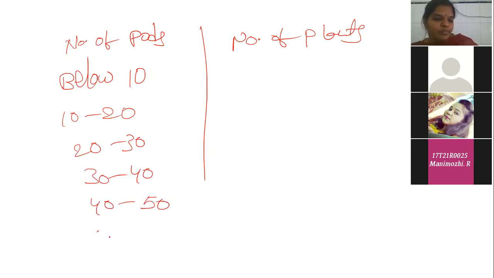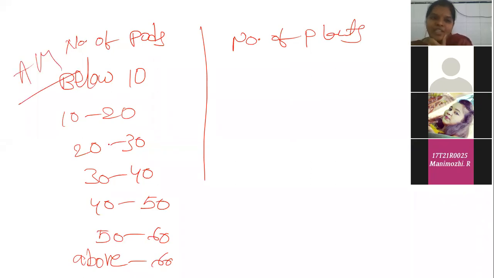Likewise, it will be 50 to 60. And the last class is given as above 60. So what do we need to do? We calculate our arithmetic mean as usual. How can we take the class interval? What is the difference between all the rest of the classes? It will be 10.